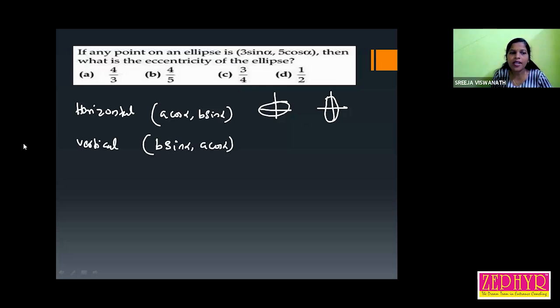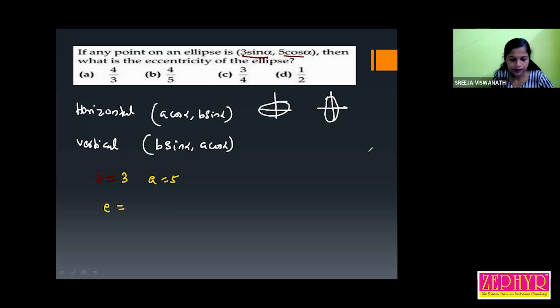So here we can compare with this equation. This is b sin alpha and a cos alpha, so it is a vertical ellipse, the second type. From this, we get b equal to 3 and a equal to 5. Then how do we find the eccentricity e?